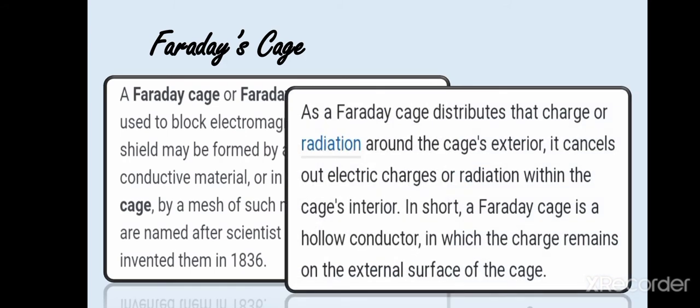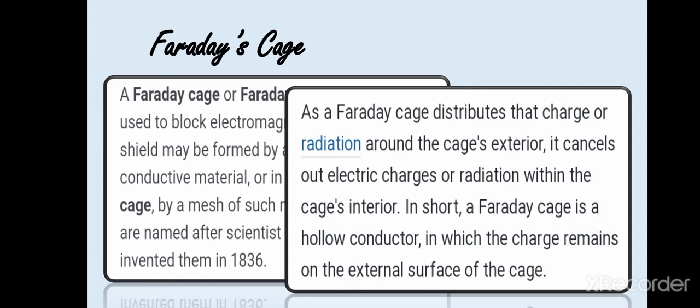Or we can say that as a Faraday cage distributes the charge or radiation around the cage's exterior, it cancels out electrical charges or radiation within the cage's interior. In short, a Faraday cage is a hollow conductor in which the charge remains on the external surface of the cage.